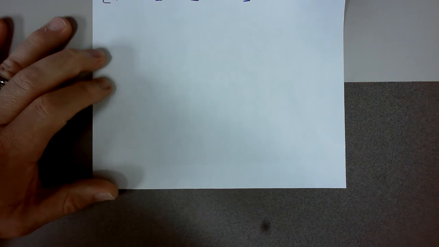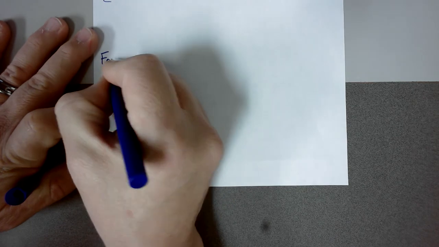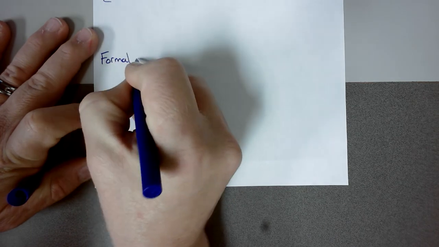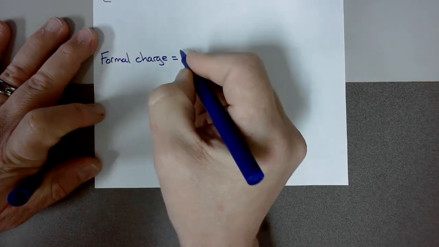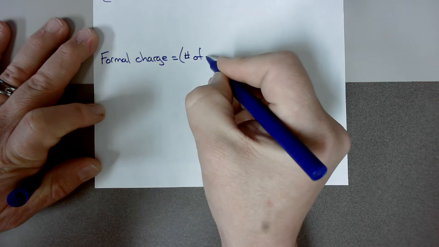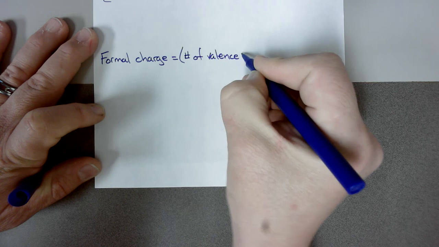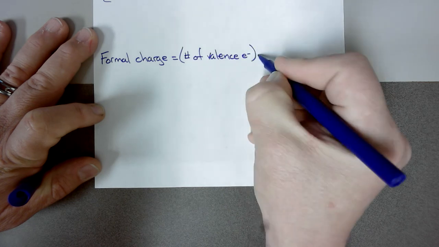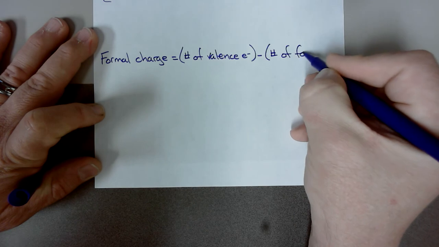So formal charge is equal to the number of valence electrons minus number of formal electrons.